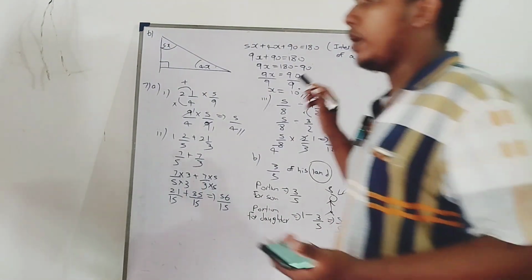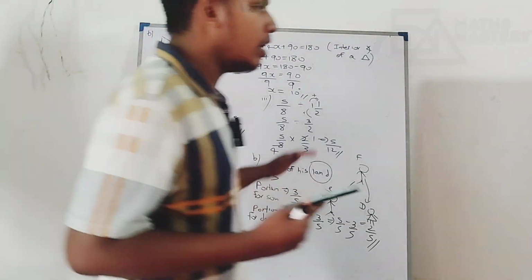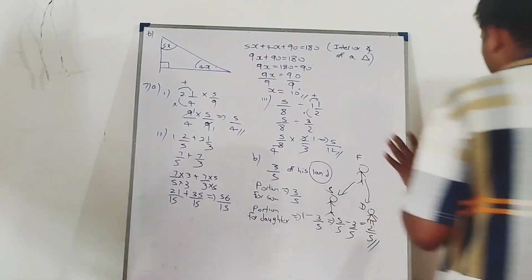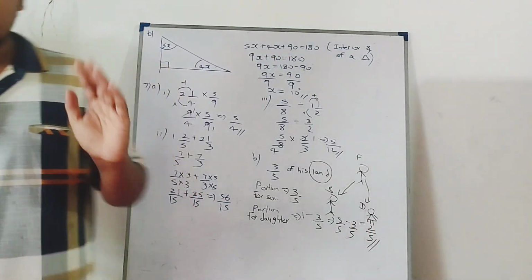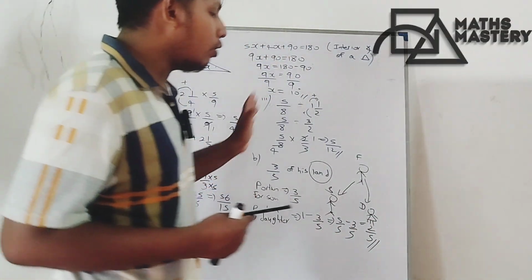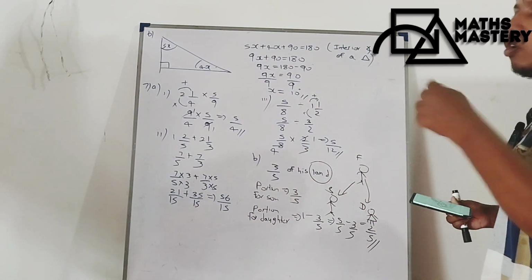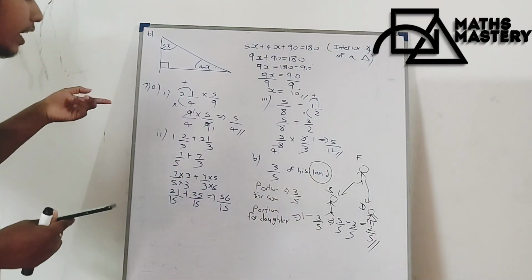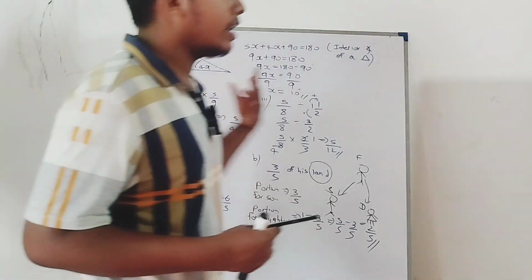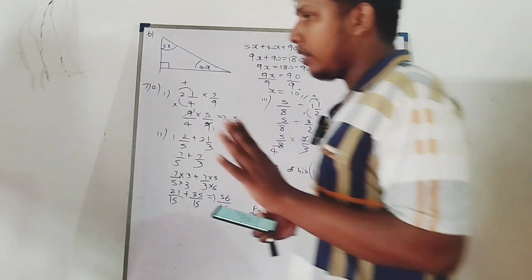Make sure you do this paper once and then look at my paper discussion. After looking at the discussion, students, do the paper again. After doing the paper, look at my discussion again. You should look at my discussion 2 times before going to the exam, because this will polish your theories related to fractions, angles, and the entire second term lessons.